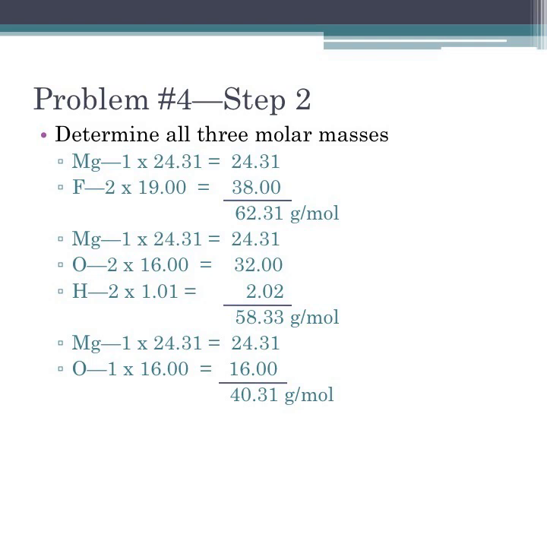And I distributed the 2 through the parentheses for the hydrogen as well, so I have 2 times 1.01 equals 2.02. My sum is 58.33 grams per mole for the magnesium hydroxide. For the magnesium oxide, 1 times 24.31 equals 24.31, and 1 times 16.00 equals 16.00 for a molar mass of magnesium oxide that is 40.31 grams per mole.